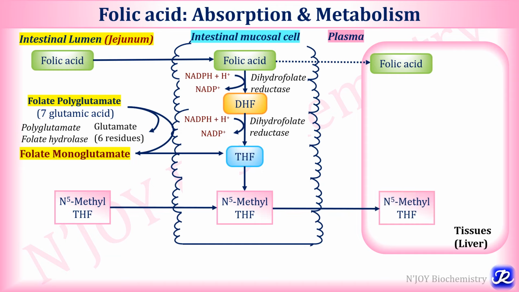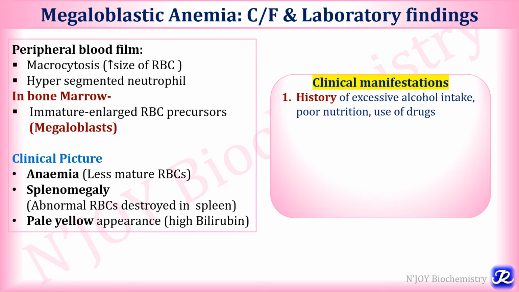In such cases, history is very important because the patient can present with excessive alcohol intake, and we know that alcohol intake is associated with poor nutrition, and absorption of folic acid is also retarded. Use of various drugs is also important because it can decrease the absorption of folic acid.